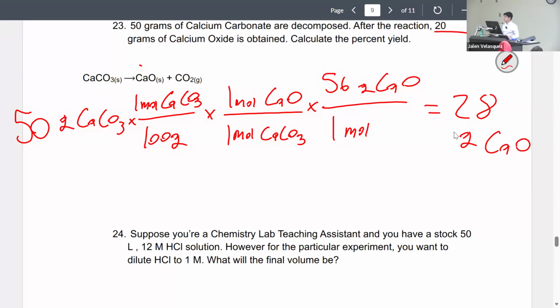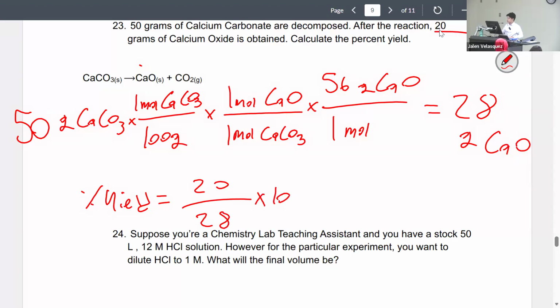So that's the theoretical, and we have the actual here. So you would expect in a perfect world to make 28, but you actually only got 20 grams. So to get the percent yield, you're going to do the actual, which is 20, divided by theoretical, times 100, and you should get 71.42%.